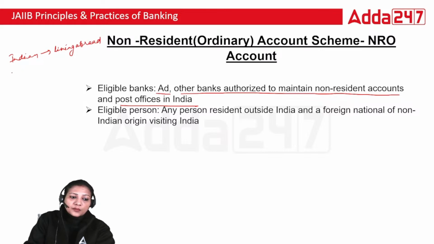And what does this mean for a foreign national? Suppose a German national, anyone from Germany, is living in India for employment. Suppose he is in India for 1 year or 6 months for employment.